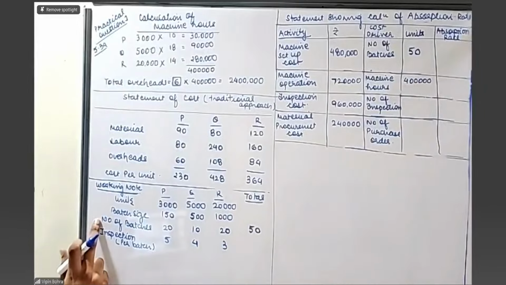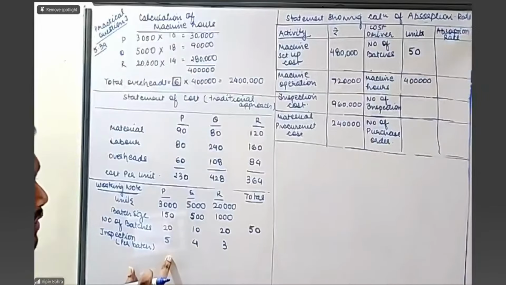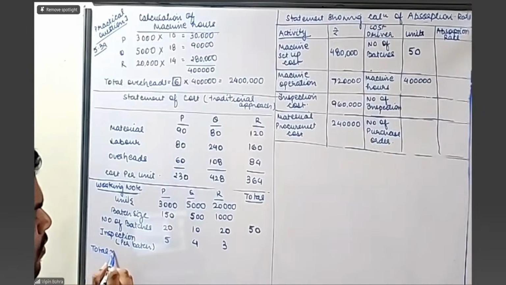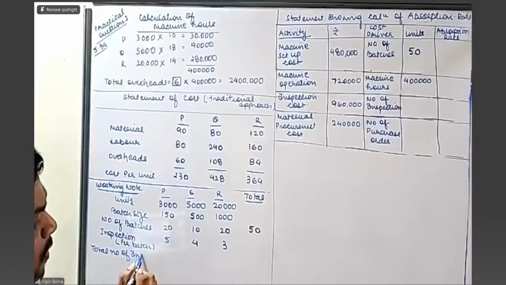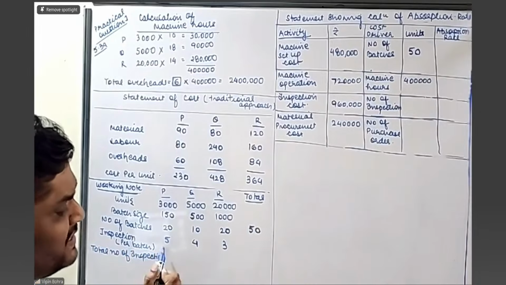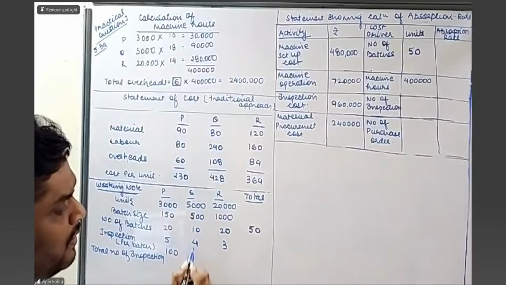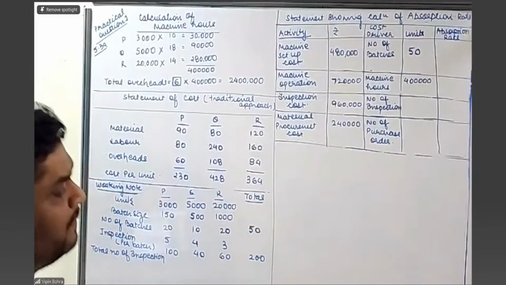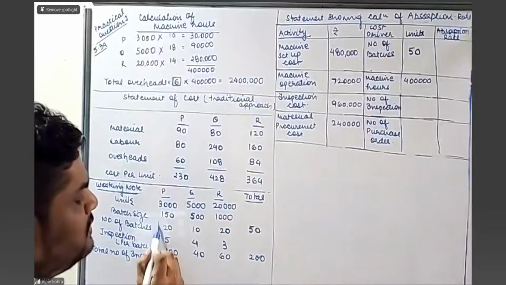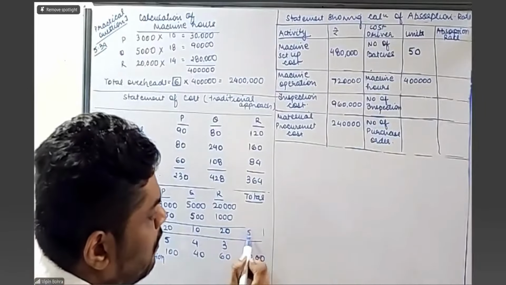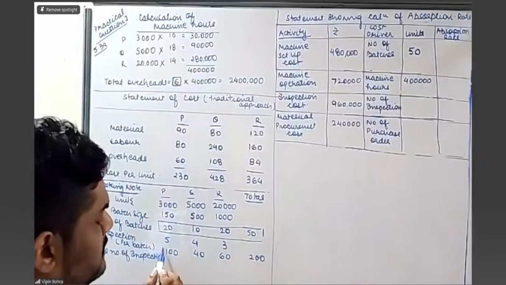See the number of batches we have and the inspection per batch is given in the question. So total inspections: every batch we do 5 inspections and the number of batches is 20. So this will be 100. This will be 40. This will be 60 and this will be 200. So this is the first part. This is the second part.